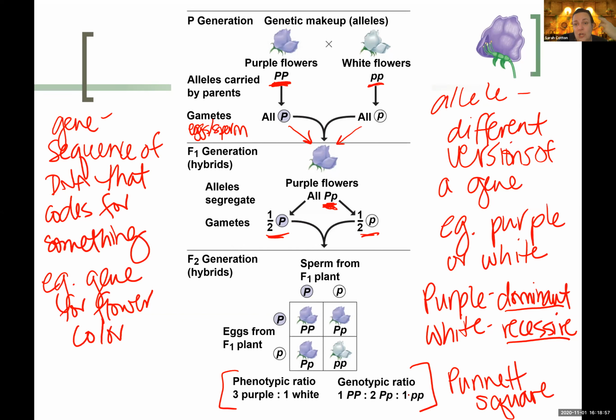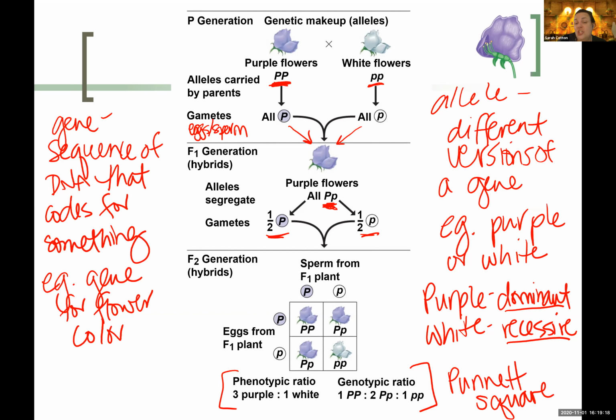Remember, phenotype is what's expressed or what you see with the air quotes. Look at my air quotes. Okay. The phenotypic ratio of a breeding of the F1 generation, right? So the phenotypic ratio in the F2 generation is a 3-to-1 phenotypic ratio, three purple to 1 white. Okay. The genotypic ratio, now remember genotype is sort of more specific, right? Because it's what actual alleles do they have, not just what they look like.